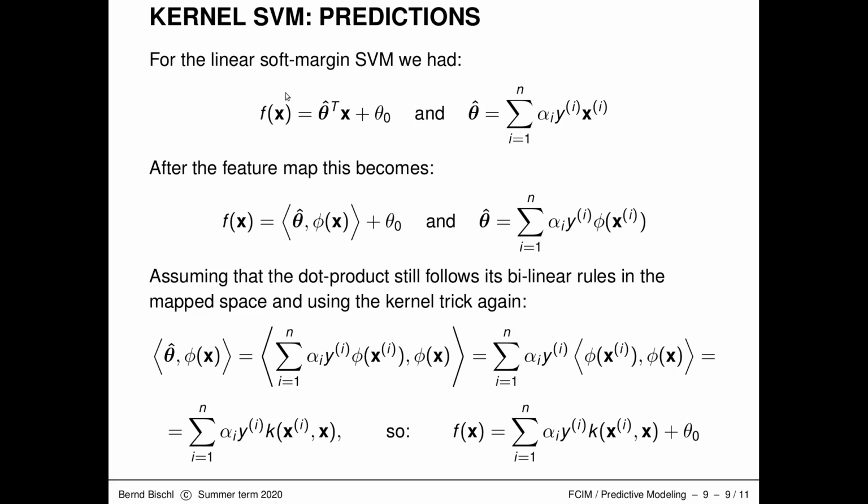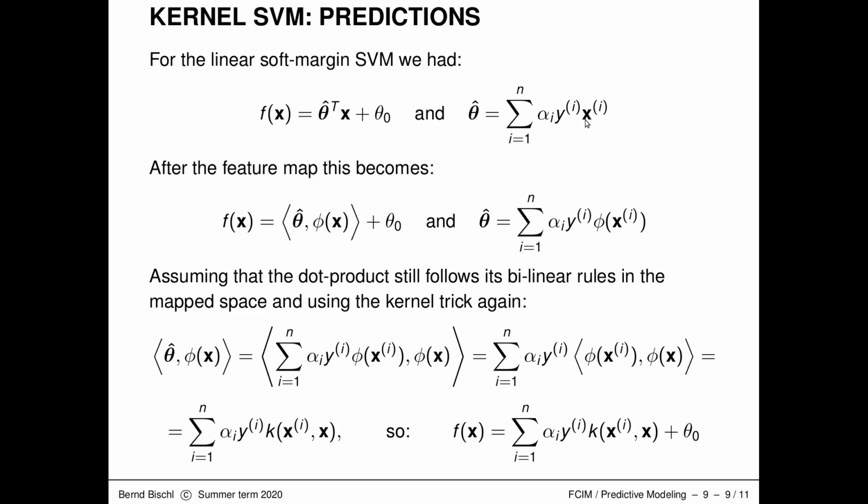So for the linear soft margin SVM, we always had these linear scoring functions, so theta transpose times x plus an intercept term, and we knew from our dual analysis that theta hat, the optimal parameter vector, looked like such a weighted linear sum of our original data points.